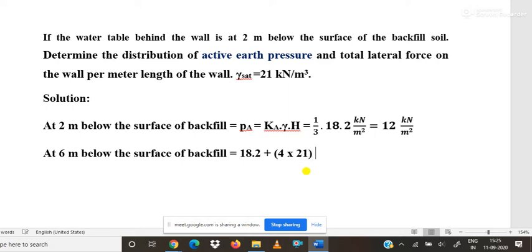This is for the saturated unit weight of the soil, but actually the unit weight of the soil is minus the unit weight of the water, that means 10.